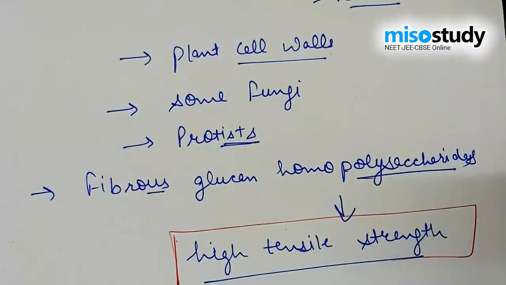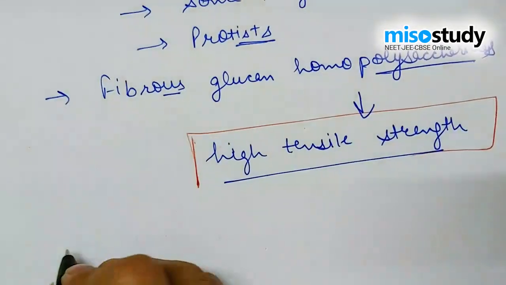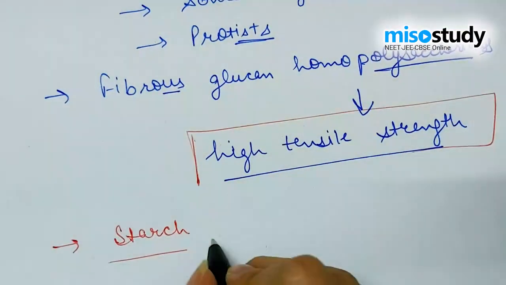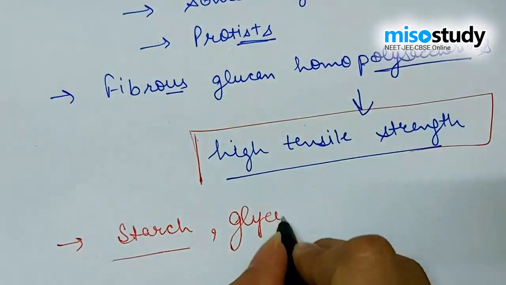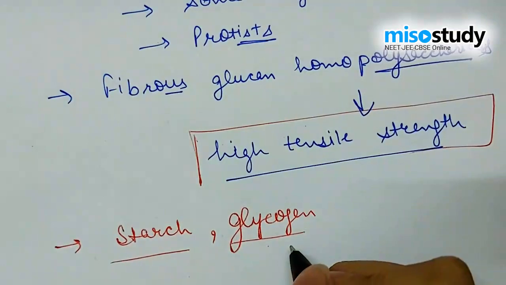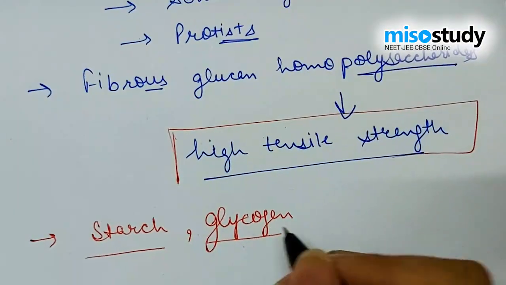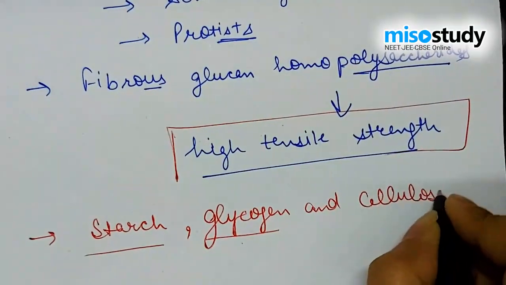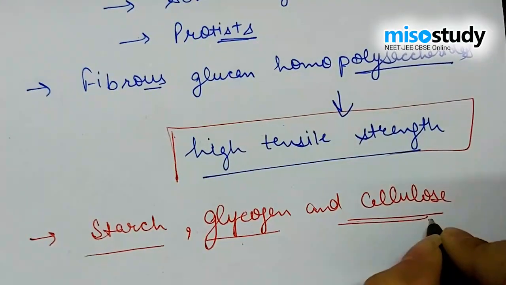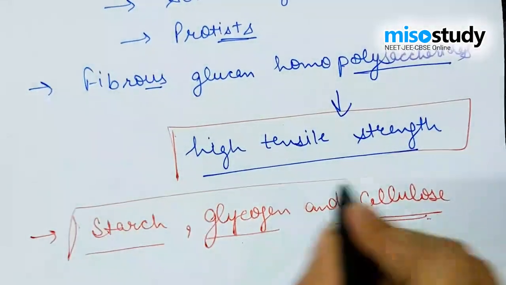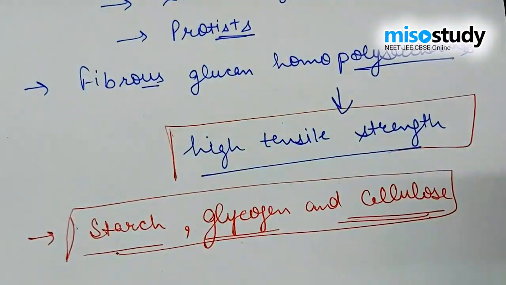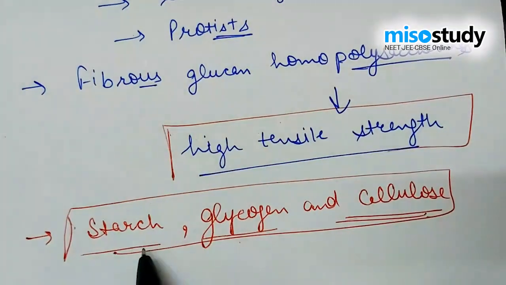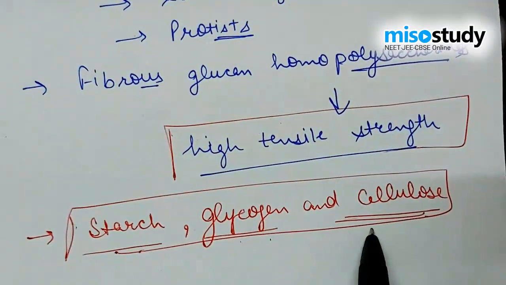So we discussed the three main polysaccharides. Starch is a reserve food for plants. Next is glycogen, a reserve food for animals, fungi and some bacteria. And the last one is cellulose, which acts as a structural component in the plant cell wall, and also in some fungi and protists.